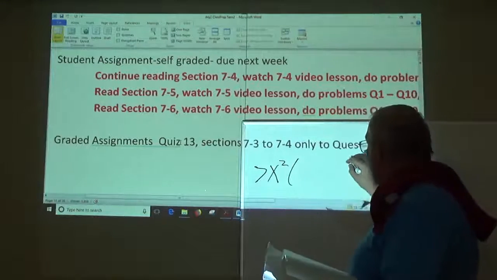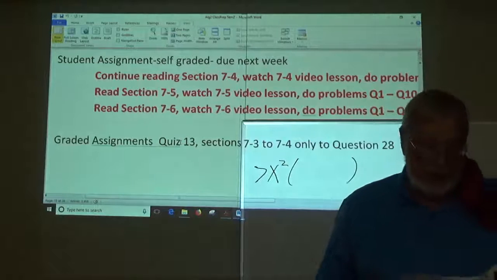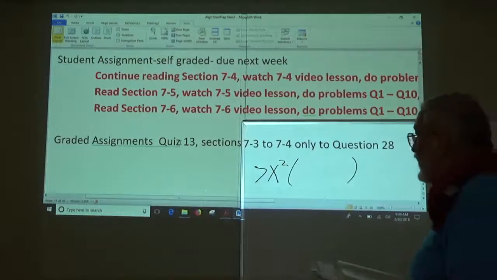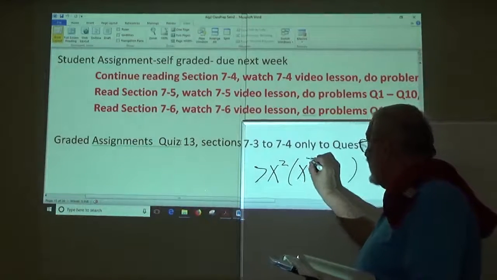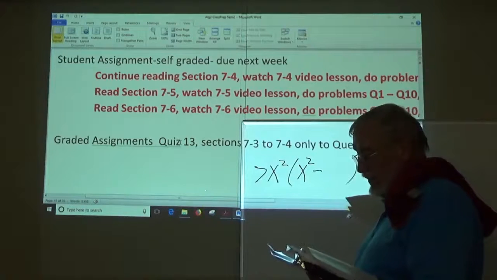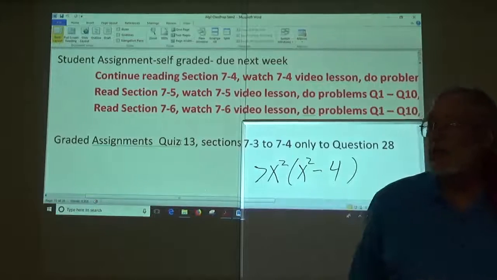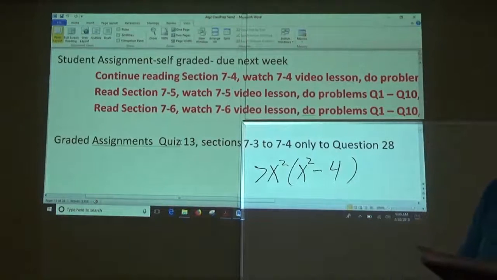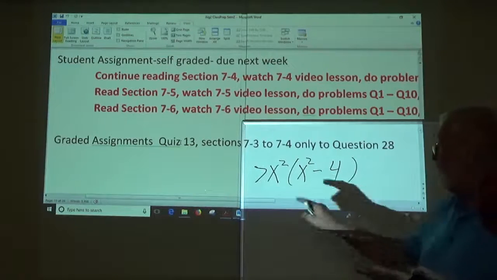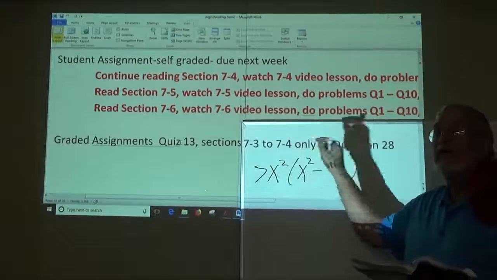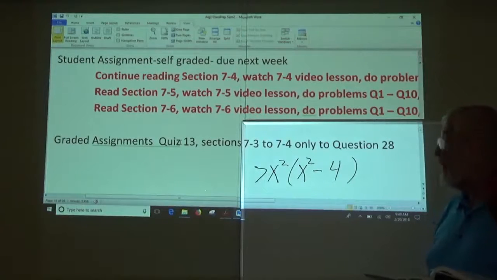So that means I'm going to factor 7x squared out. What's left? X squared minus 4. Now, is x squared minus 4 a difference of squares? So therefore, the factors are 7x squared times what?